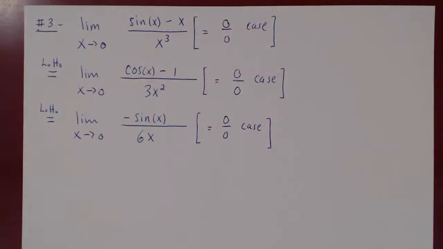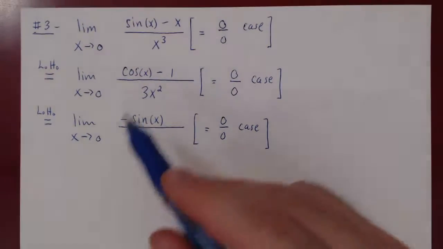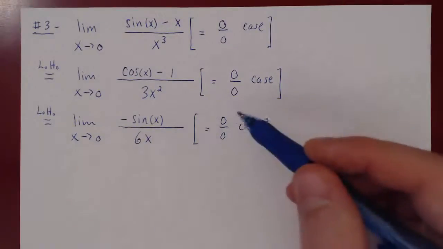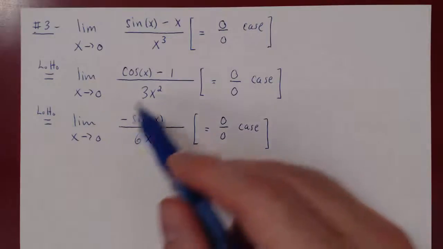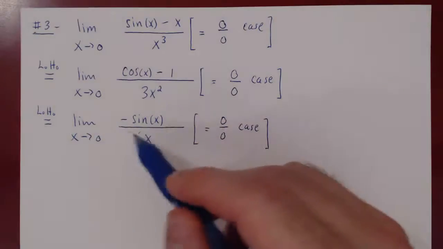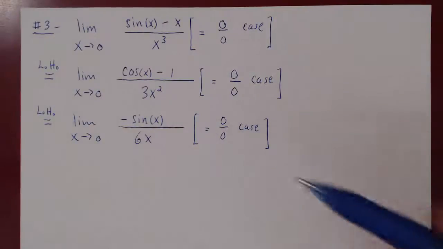The question is, well, what can we do? Well, L'Hopital's rule says that if the new limit exists, or gives a 0 over 0 case or infinity over infinity case, it is equal to the original limit. So this equality is true. Well, we have a 0 over 0 case.